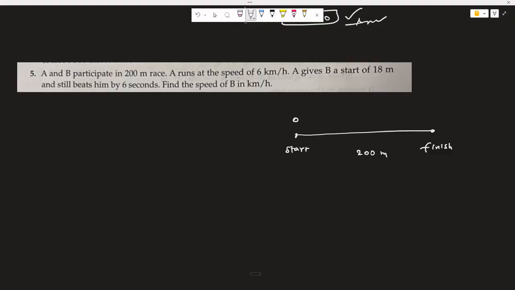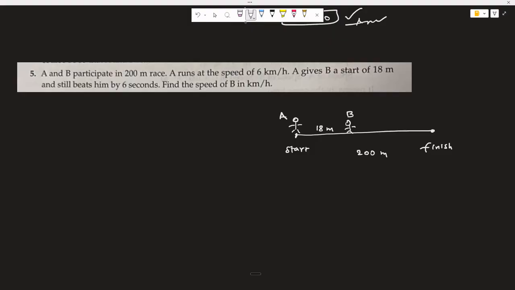Mr. A is here, and A gives B a head start towards the finishing point, so the distance between them must be 18 meters.